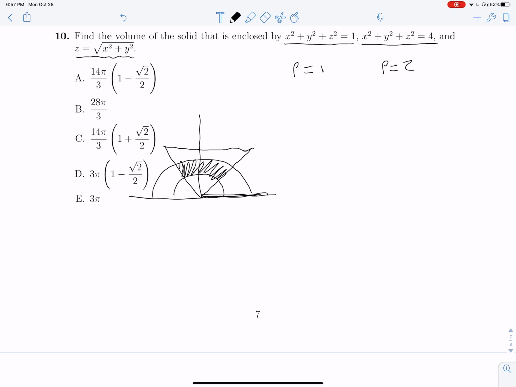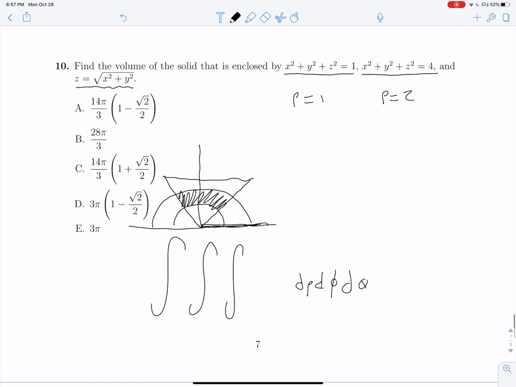So setting up our integrals, d rho d phi d theta, we see that we're not dependent on theta anywhere in here. Theta is just going to go all the way around, so 2 pi, and we know that rho runs from 1 to 2.